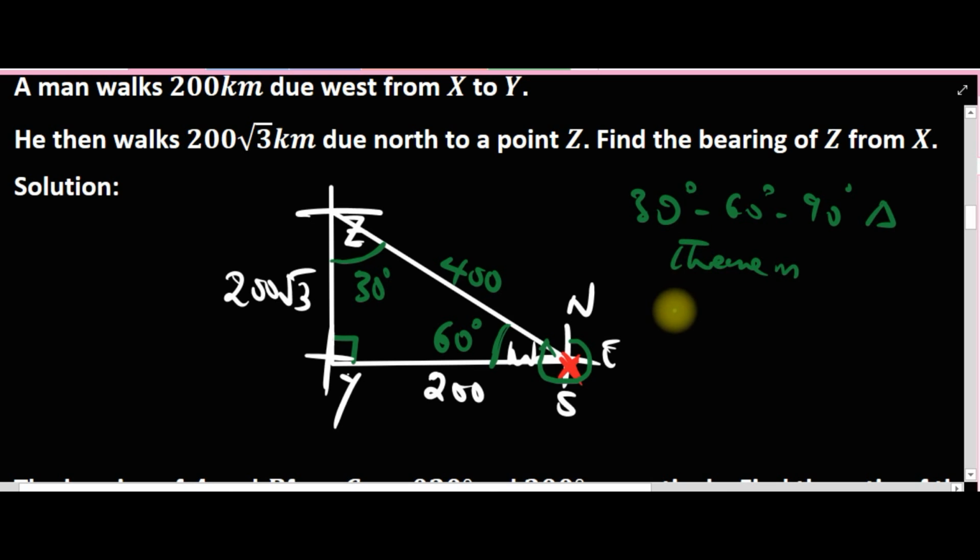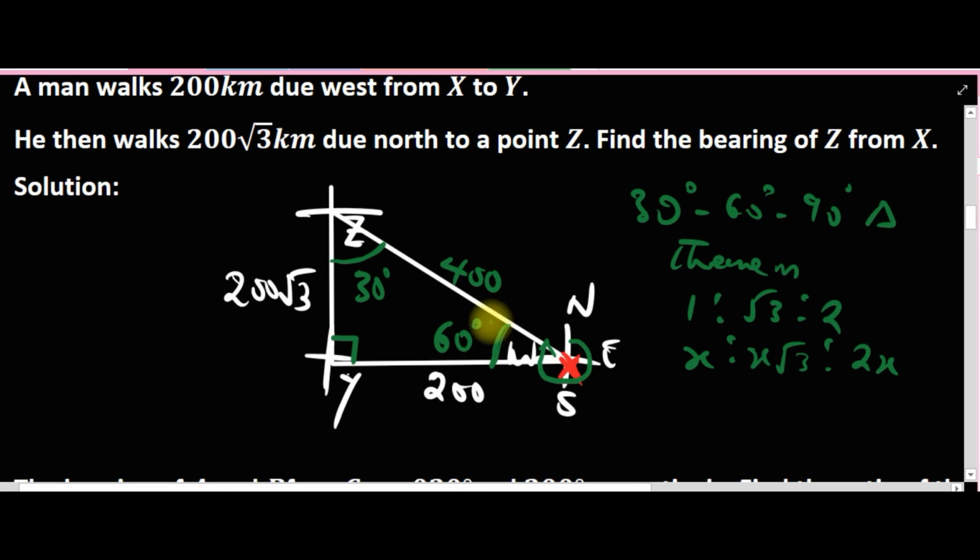The ratio of sides is 1 to root 3 to 2: the smallest side is x, the one facing the next is x root 3, and the largest is 2x. So our x is 200, here is x root 3, so 200 root 3.